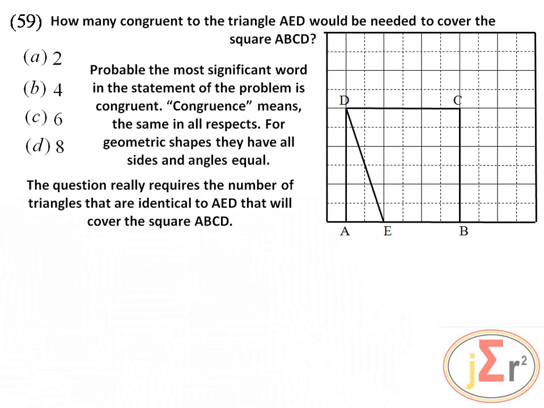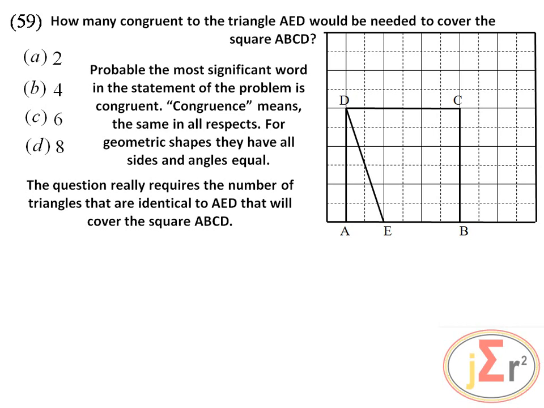So we can find side 1 equal in length to side 1 on the other one, side 2 equal to side 2 on the other one, and so on. Also, we have corresponding angles. Angle A is equal to angle A in the other one, and so on.